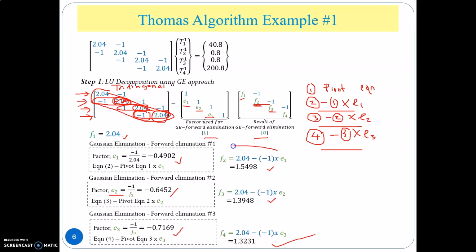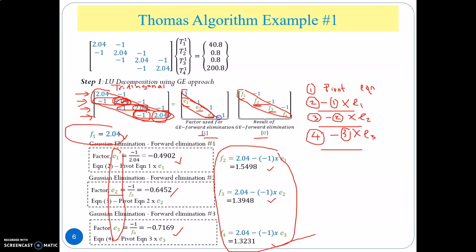So you can substitute all the F values from F1 to F4 into this formula, and then substitute all the E factors from E1 to E3 into here. So for the lower matrix, make sure you have 1 at the diagonal, and for the upper matrix, the upper diagonal here should be equal to the original equation here.